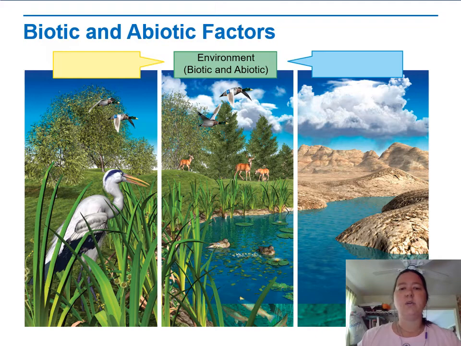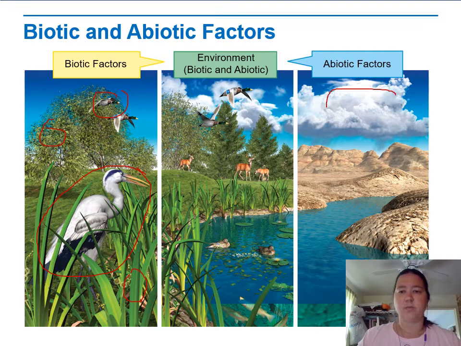Remember I said we'd get back to the abiotic and biotic factors. The ecosystem is made up of both. The biotic factors are all living things. So we have a duck, we have a heron of a type, we've got the trees, we've got the grass. And then the abiotic factors are the clouds, the air, rocks, water, rocks underwater, soil, which is basically just very small broken down rocks.